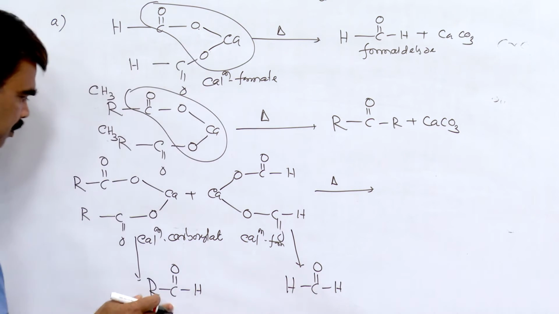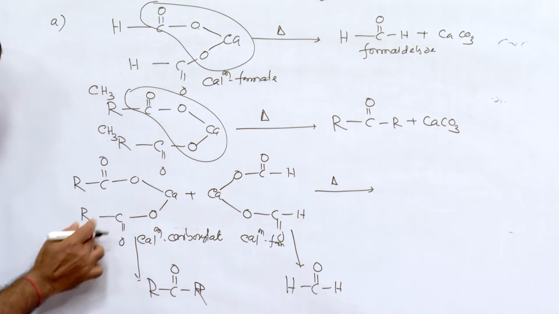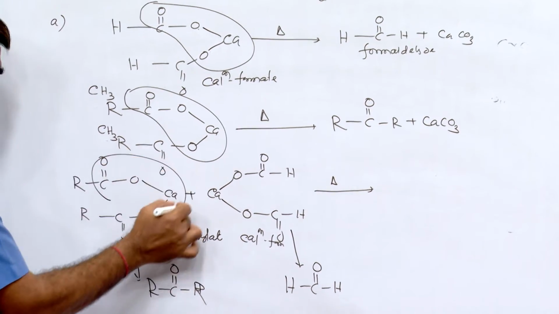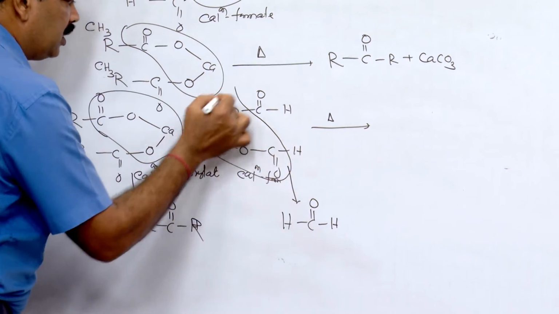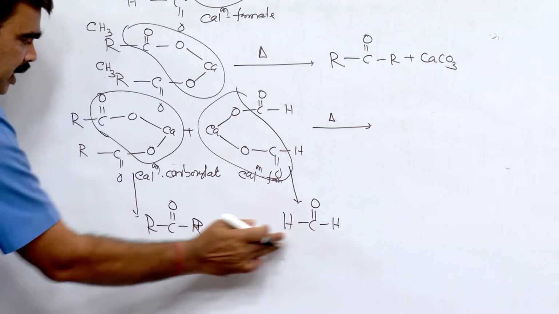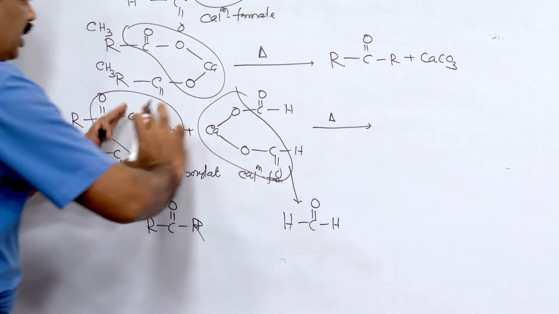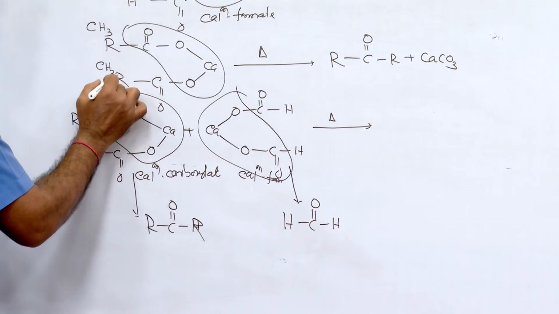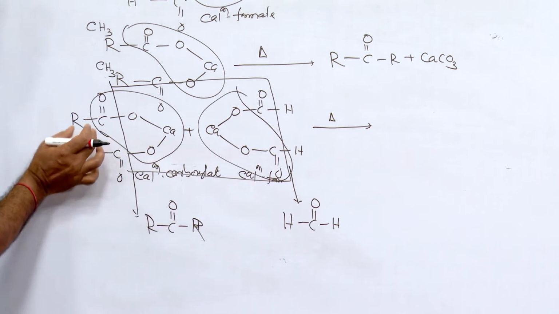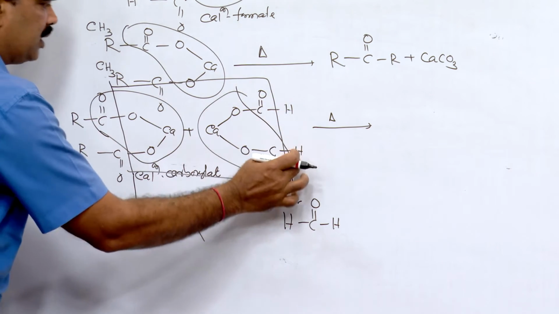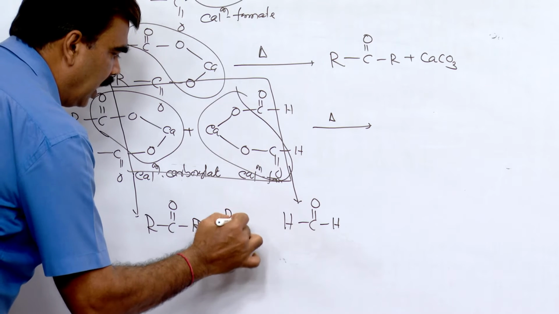And when they are crossed, like this, RCO combined with H gives you an aldehyde.